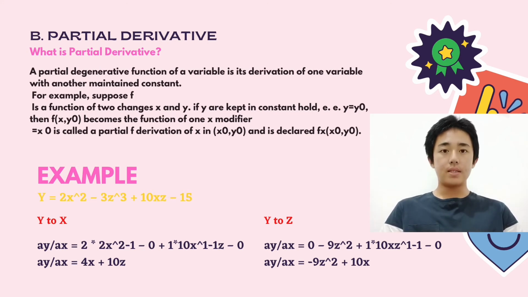Remember, we need to focus on one side at a time. So, dy by dx equals 2 times 2x squared.